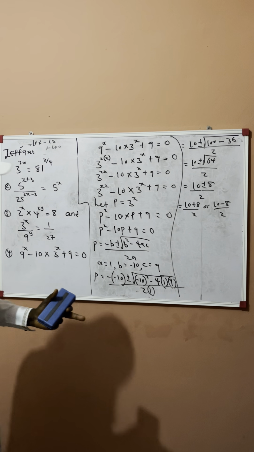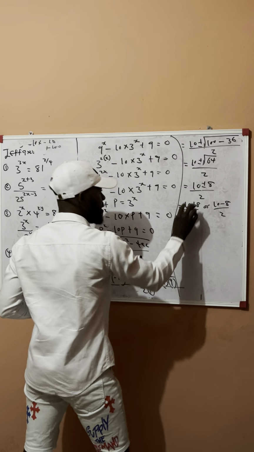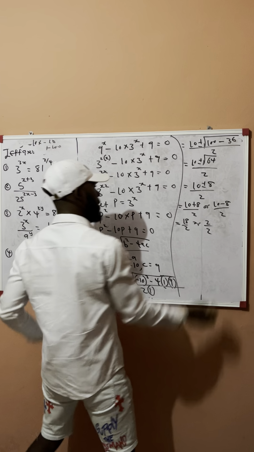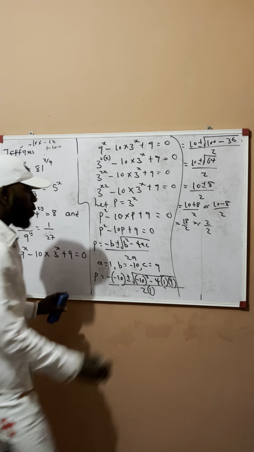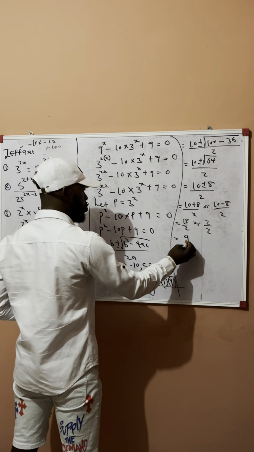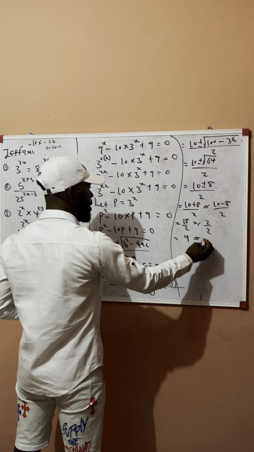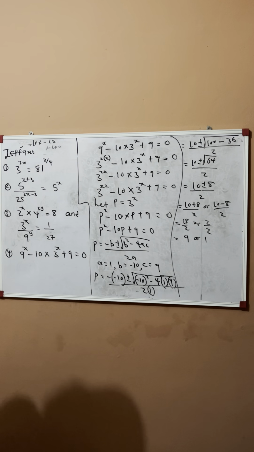Separating them, here becomes 10 plus 8 will give us 18 over 2 or 10 minus 8 will give us 2 over 2. Now, 18 divided by 2 is 9 or 2 divided by 2 is 1. So what does that mean?